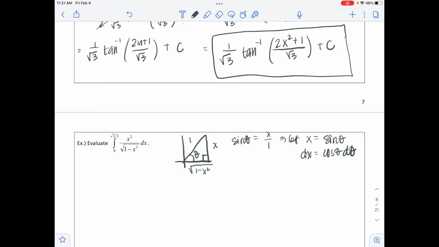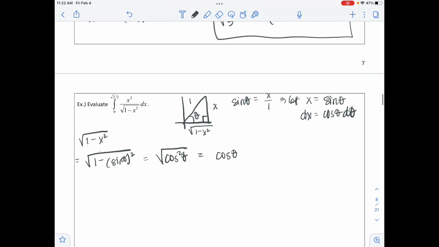And so the square root part that we have, which is 1 minus x squared, subbing in what we have for x, which is sine theta, is 1 minus sine squared theta, or cosine squared theta. And the square root of cosine squared theta is just cosine of theta.